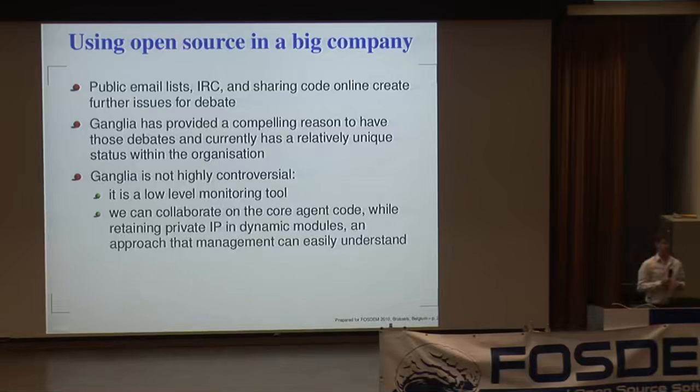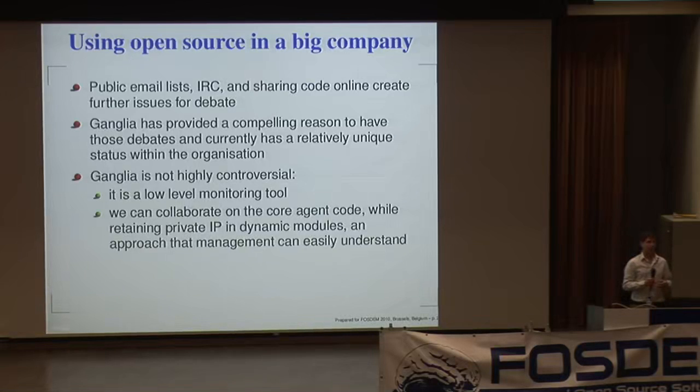So we can do that with the Ganglia project quite effectively because of the modular nature of the project. As Bernard mentioned before, with version 3.1 of Ganglia, you can develop your own metrics as modules in C or Python. And you can feed metrics in with gmetric.